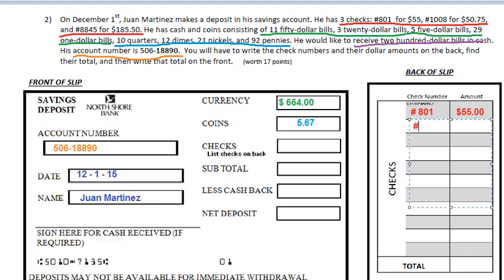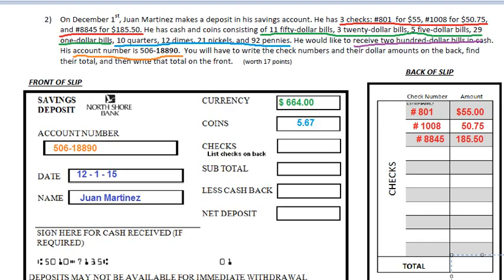And then you have another check for $50.75. And then you have one more check for $185.50.